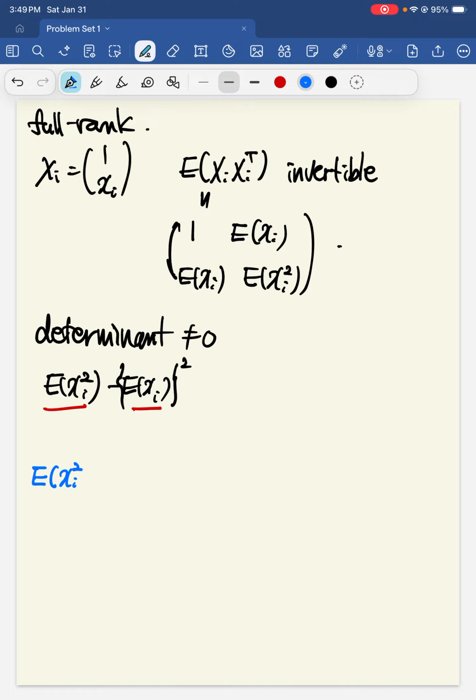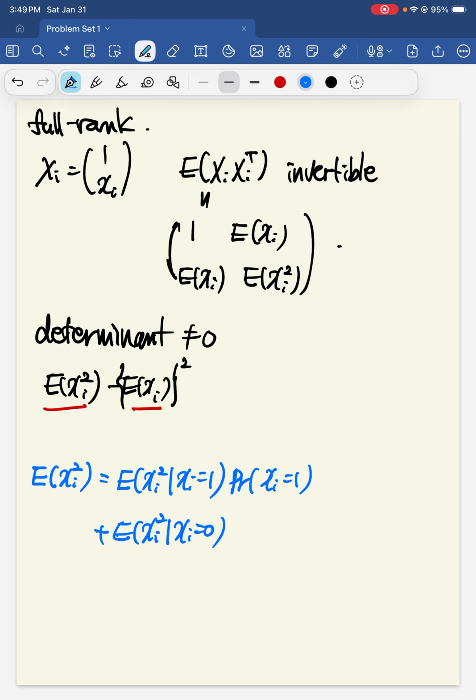The expectation of xi squared is the expectation of xi squared given x is 1 times probability x is 1, plus the expectation of xi squared when x is 0 times probability x is 0. Then it is clear this is obviously 0, right?